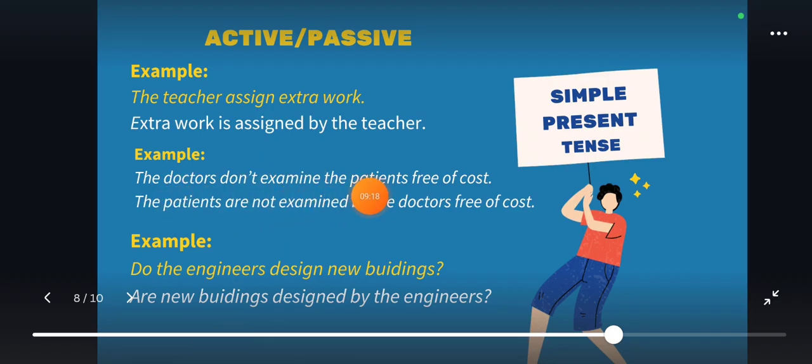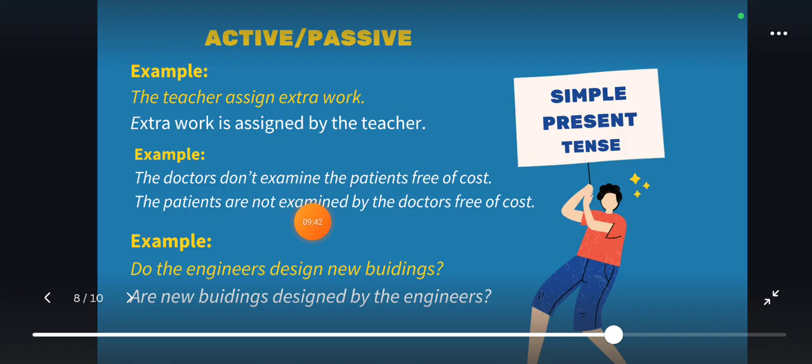First of all, the patients, we will write it as it is the object, so write the object first. According to the patients, add helping verb are. We write is when it is a singular noun, the work is a singular noun, so we will write is there. But over here, patients is a plural noun, so for that we will write are. The patients are, and since it is a negative statement, add not here.